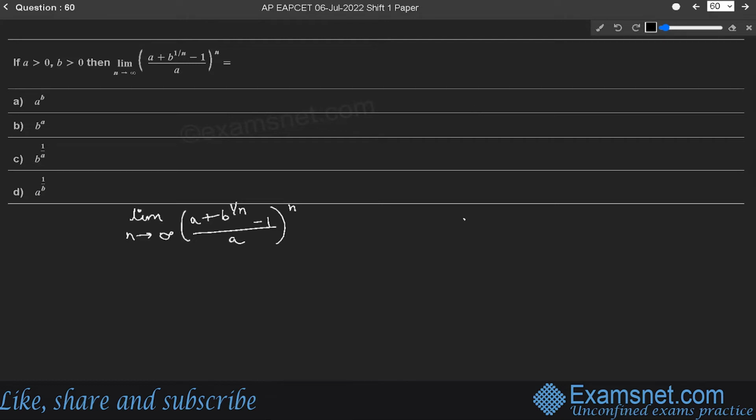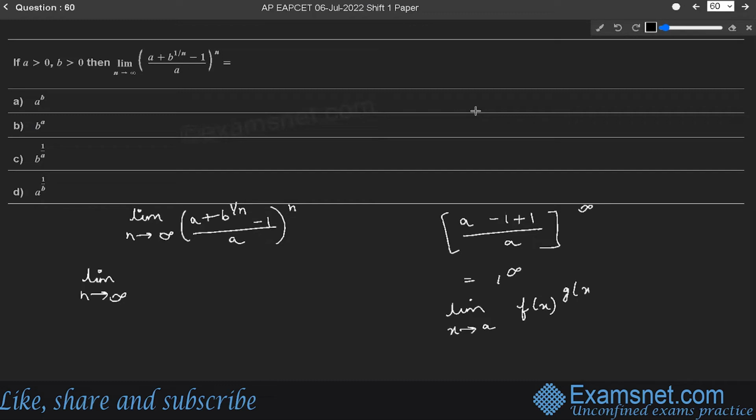Here the base tends to 1 plus 0, so it is of the form 1 power infinity. We have to use one more form here: limit x tends to a, f of x power g of x is always equal to e power limit x tends to a, g of x into (f of x minus 1).